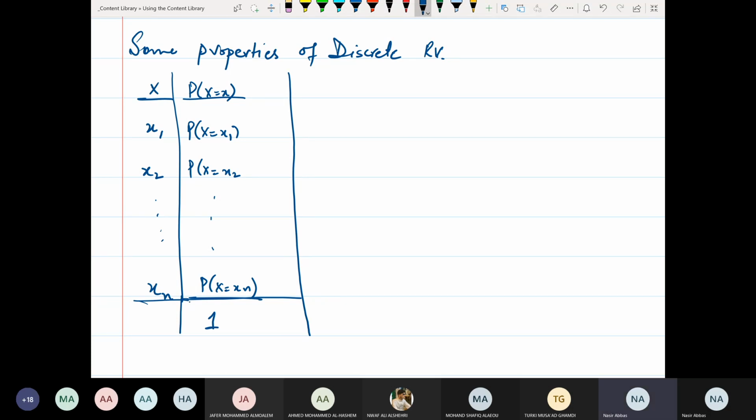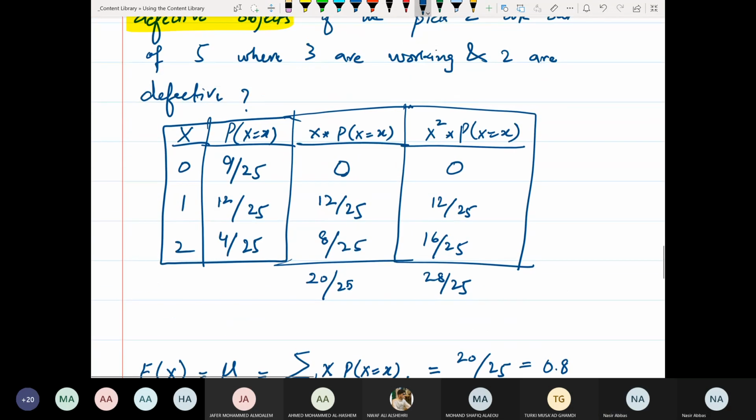And we said that these probabilities are basically the functions of X. We later discovered that we can also write it as a probability mass function, where every probability was nothing but the function of X.